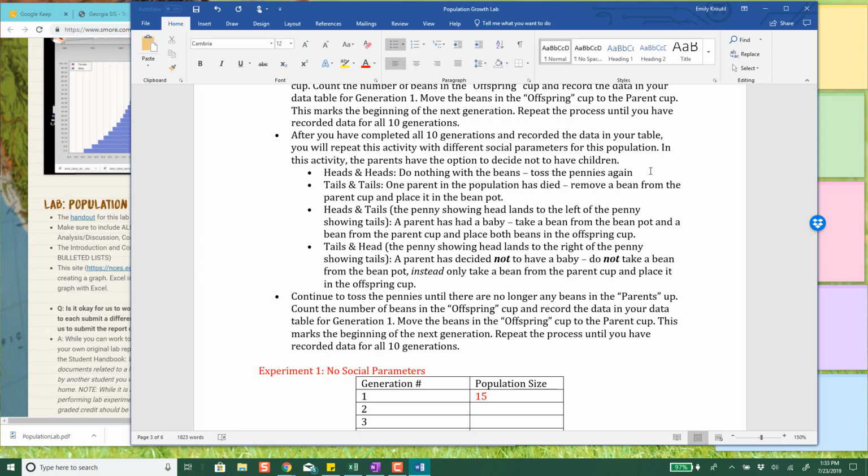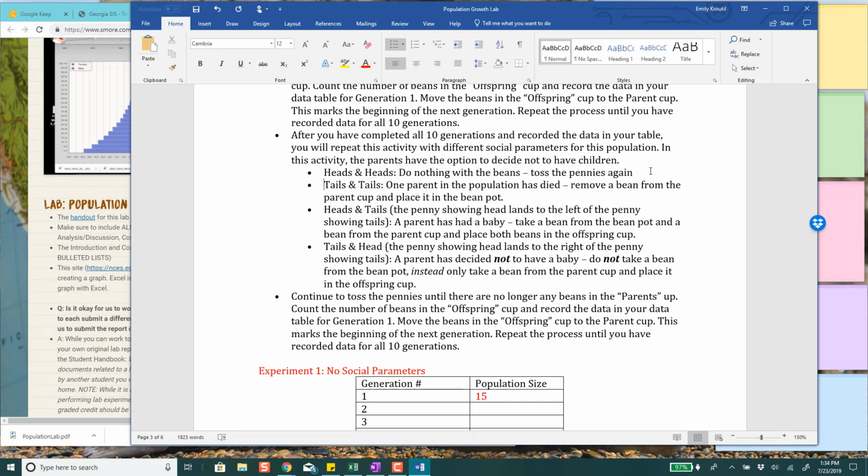If you have tails and tails, one parent in the population will die. We'll take a bean from the parent cup and put it in the bean pot. If you have heads and tails, and this means the penny that has heads is the left penny and the tails is on the right, the parents will have a baby, and we'll take a bean from the bean pot and put the bean and the parent in the offspring cup.